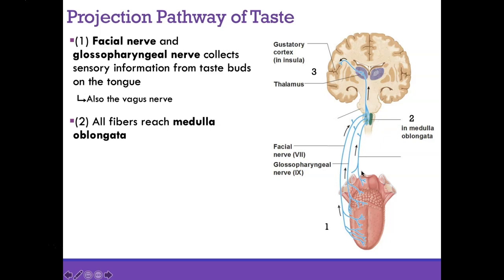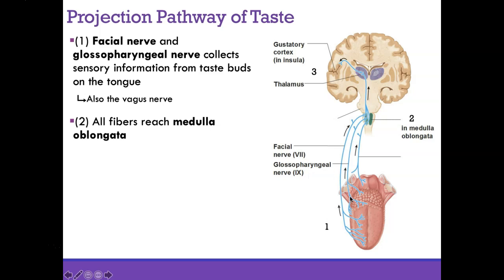So step 1, taste buds are activated, so they get depolarized. We said either directly or by second messengers. That causes the release of neurotransmitters that will allow either the propagation or the termination of nerve signals through the cranial nerves. Specifically, cranial nerve 7 is the facial nerve, and cranial nerve 9 is the glossopharyngeal nerve.